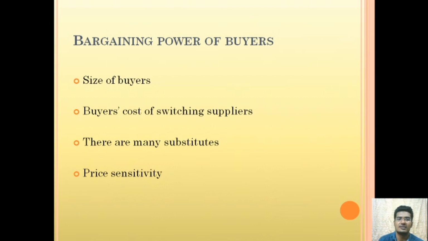And next threat is buyer's cost of switching suppliers. Now for example, if a company is manufacturing a product and selling it to its customers, and now there is a small hike in price or a small change in the quality of the product, and if from the buyer's point of view the switching cost of suppliers is low, then they will immediately lose the customers.